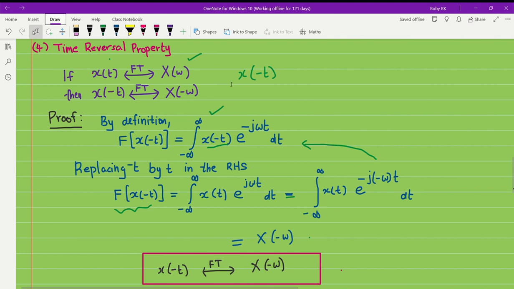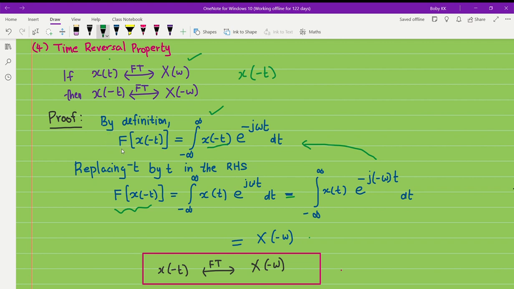So we all know that the time reversed form of a signal is nothing but x of minus t. So if we are taking the Fourier transform of x of minus t, then we will be obtaining X of minus omega. Now let us see the proof.